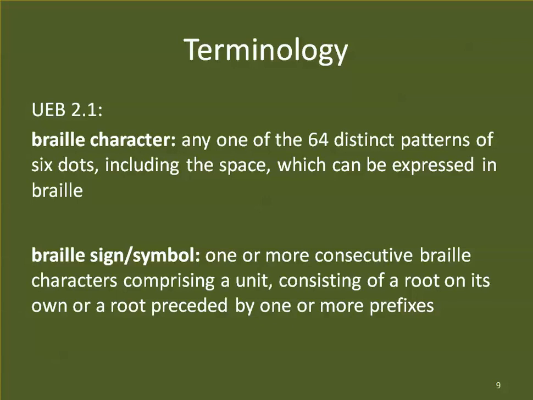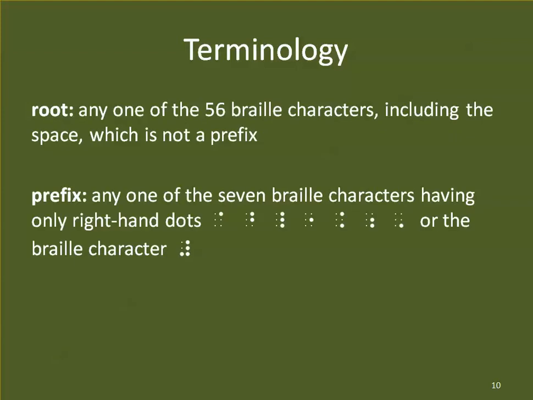sign. And Braille signs consist of what UEB calls a root or a prefix. A root is any one of 56 Braille characters, not the 64, but 56, including the space, which is not a prefix.